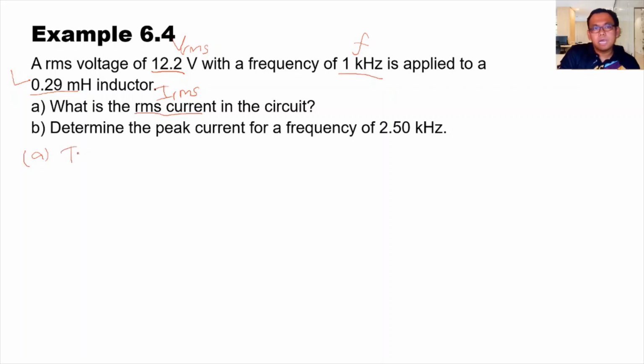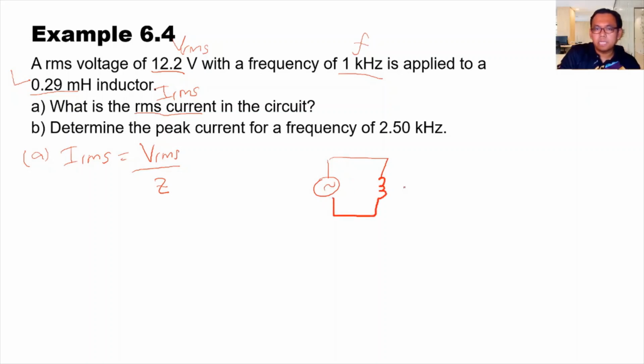So RMS current is equal to RMS voltage divided by Z. So what is the circuit now? We draw a circuit, the AC source there, and we have inductance.